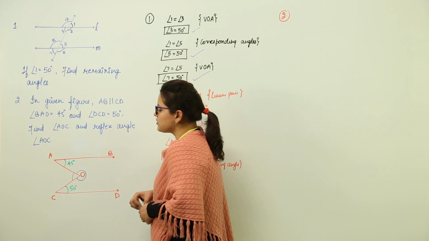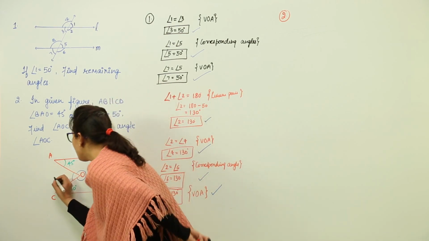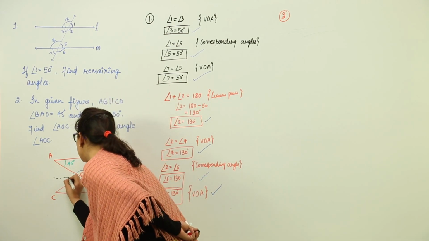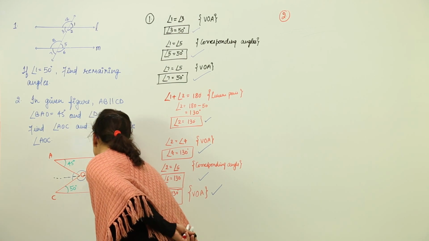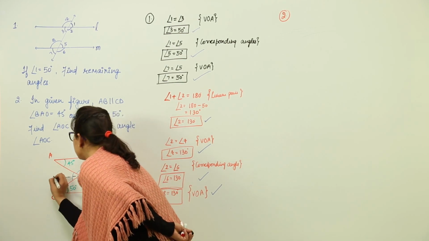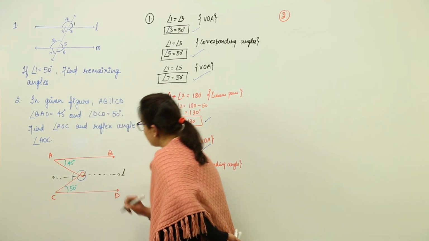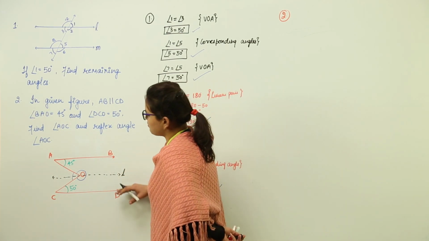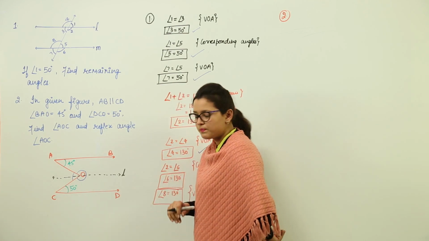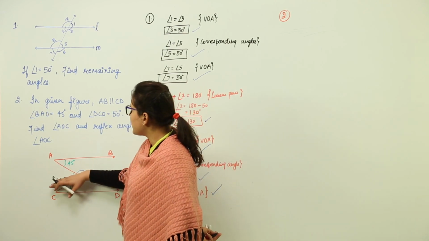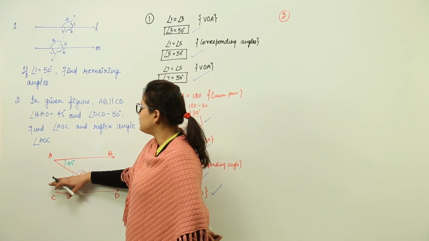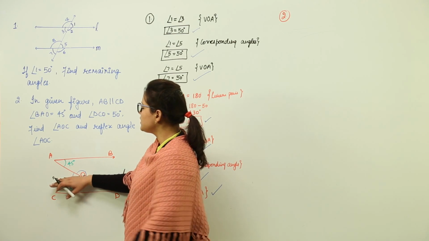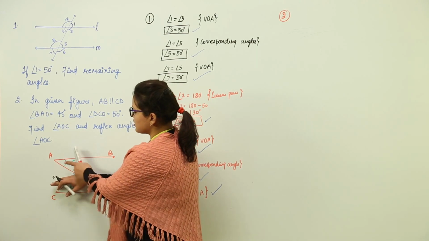That is, we are going to construct a line on our own, which is going to be parallel to AB and CD. I am going to name this line as some line L. Now I have constructed a line L parallel to AB and parallel to CD, both. Because this line is parallel to AB, the two lines are parallel, we can consider AO as the transversal.